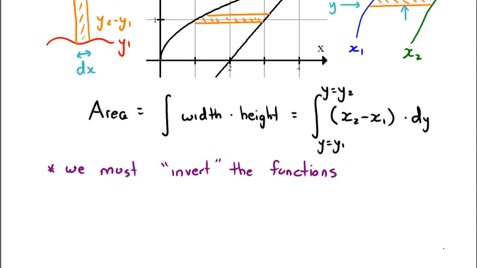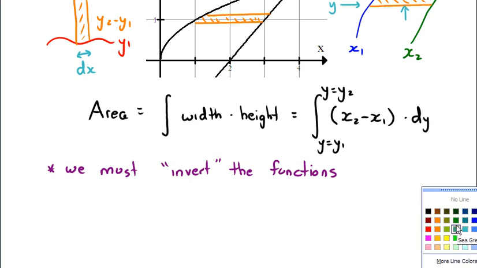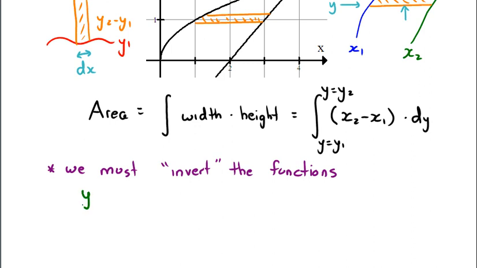My first function, I'm going to say that it's the square root one. So y1 was square root of x1. But I can invert that and say, if I want to think about the x's as being a function of y, I just have to solve for x. So x1 is equal to y1 squared.